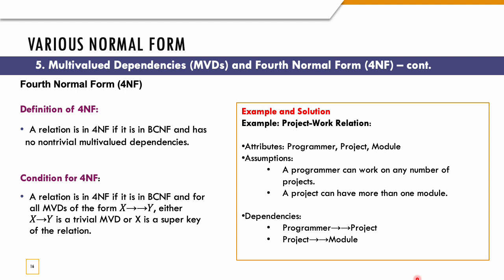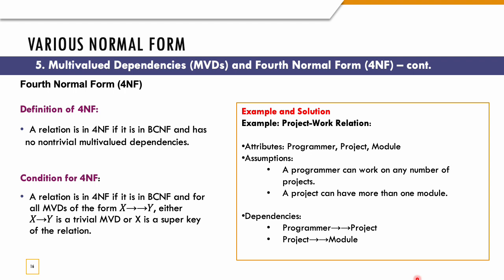Alright, now let's move to the examples and solutions. Let's look at a sample relation of project work with the following attributes. We have programmers, we have project, and we have module. Assume that a programmer can work on multiple projects and each project can contain multiple modules.